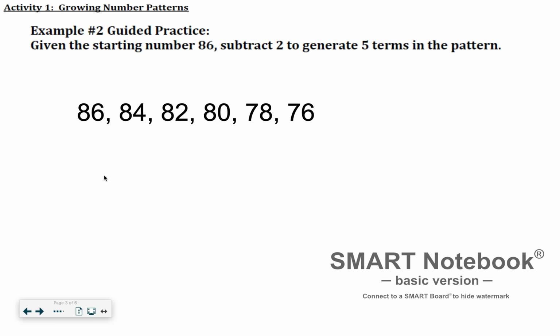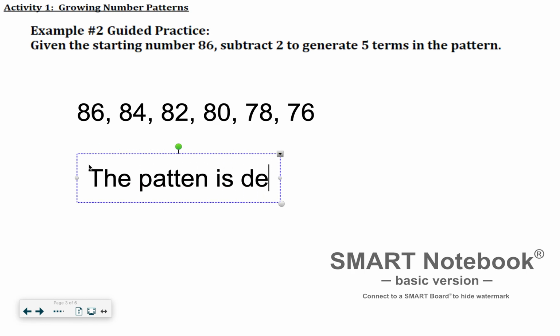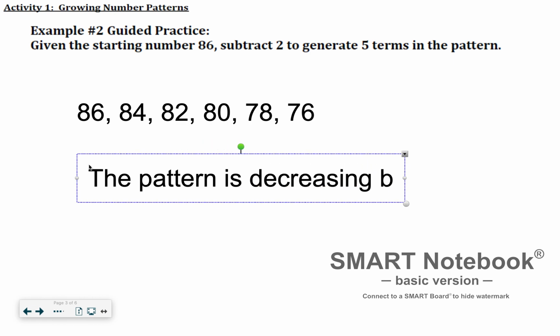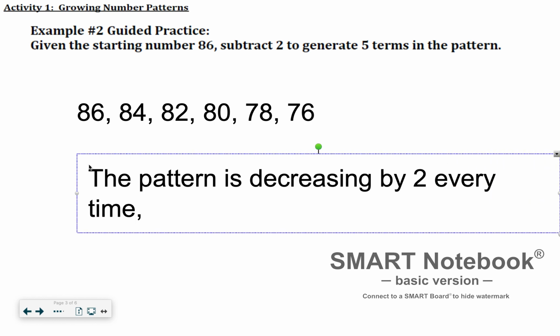What do you notice about these terms in the sequence of numbers? Well, I noticed that the pattern is obviously decreasing by 2 every time. What else?